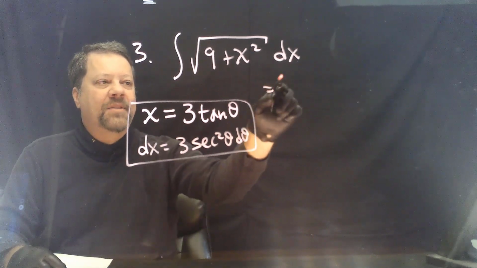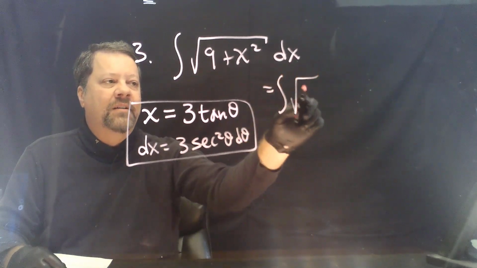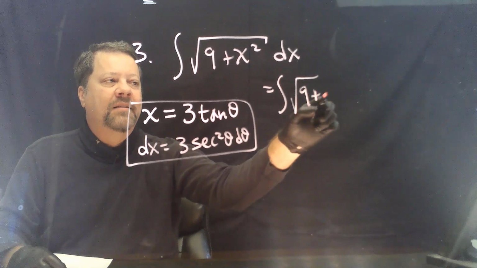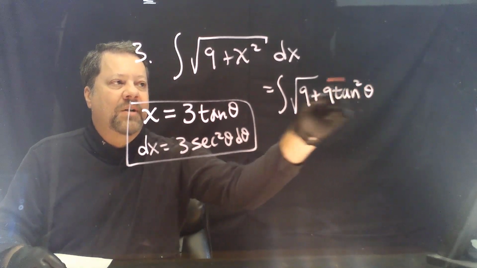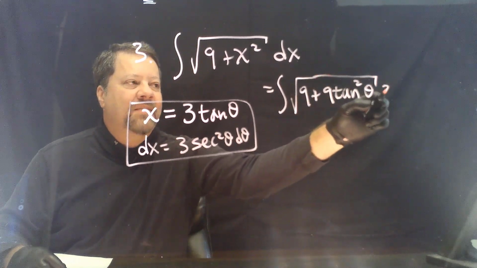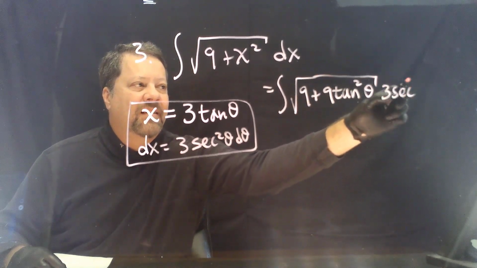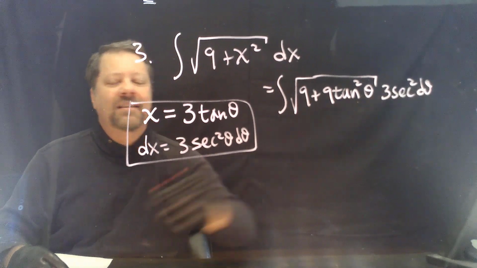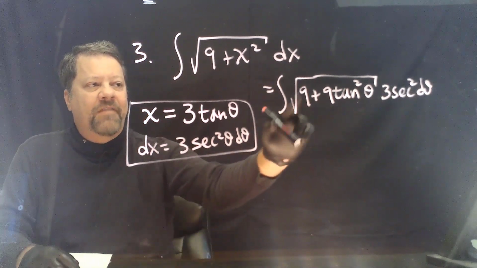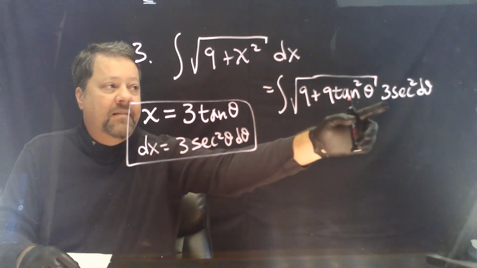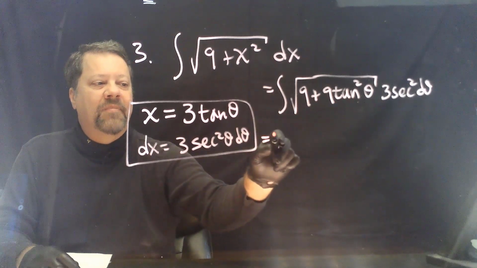The integral becomes the integral of the square root of 9 plus 9 tangent squared theta times 3 secant squared theta d theta. The 9 can be factored out of the square root as a 3 and combined with the other 3 to become a 9.